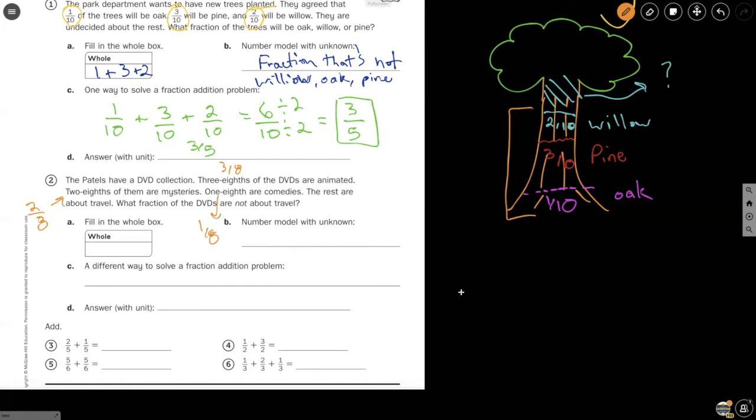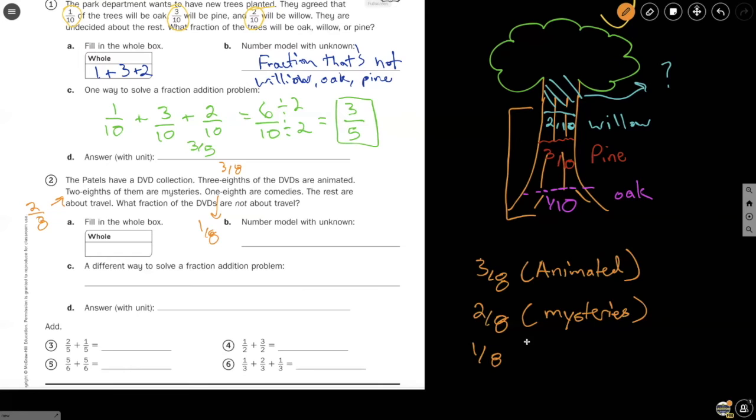So we see that 3/8 is animated, 2/8 is mysteries, and 1/8 is comedy.